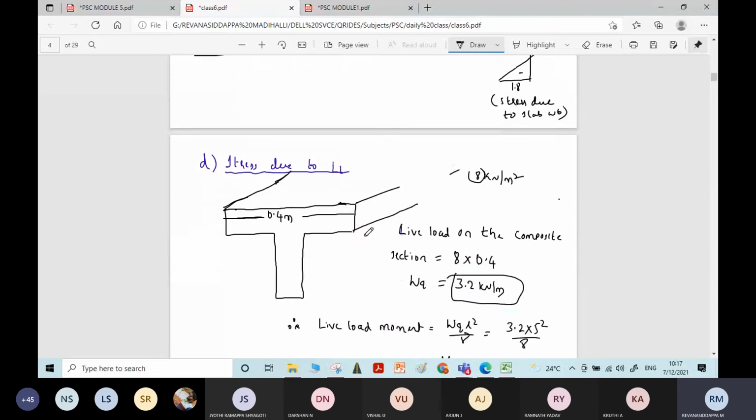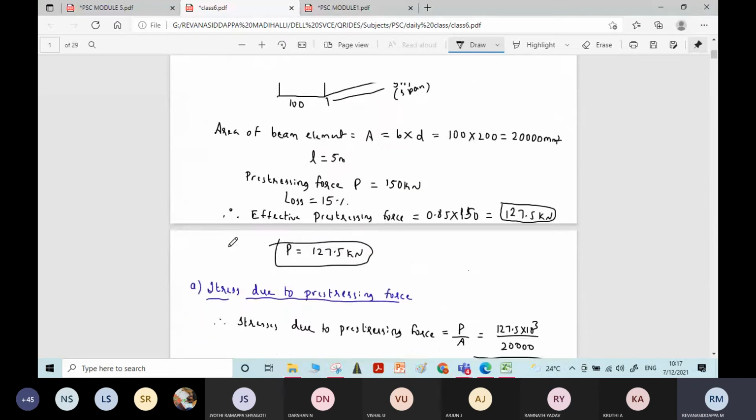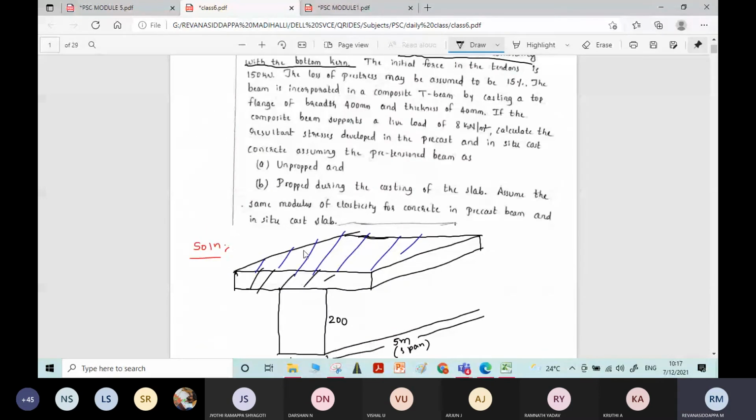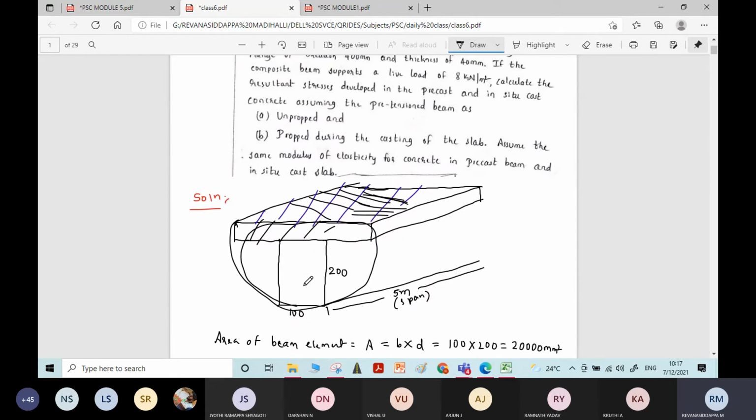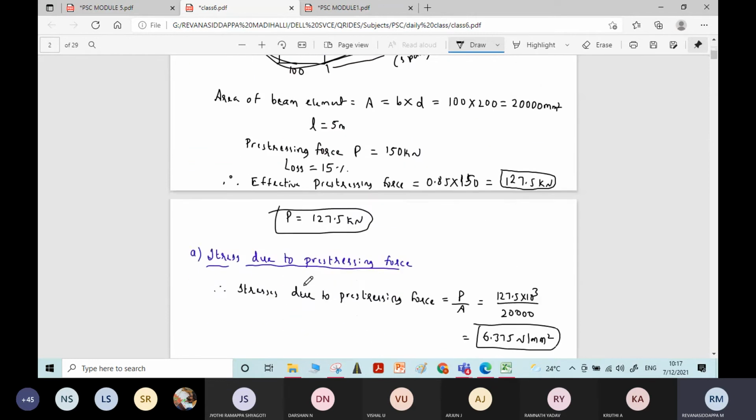But when it comes to the live load on the slab, this live load acts on this whole full T section. Therefore, the section modulus should be calculated with respect to the T section, not with respect to the rectangular section.